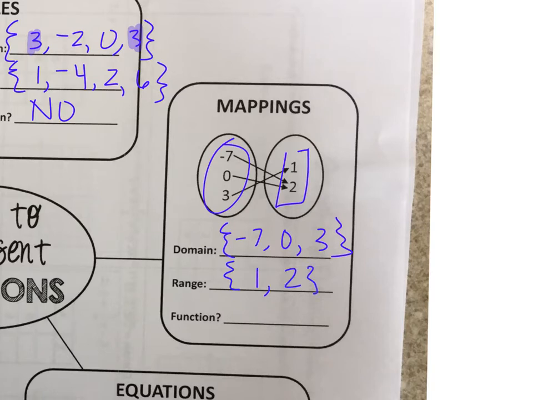Now, as long as there's only one line coming off my x's, the 7, 0, and 3, yes, this is a function. If there had been 2 lines coming off that 7, and there was one going to the 2 and one going to the 1, it looked like that with these 2 lines right here, that would be no. But right now we are happy and it is a function.